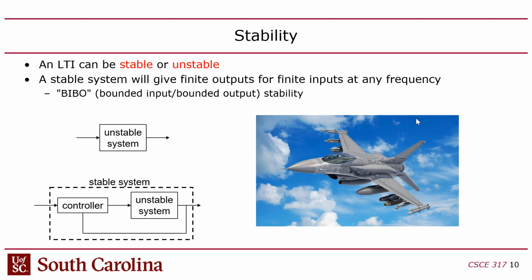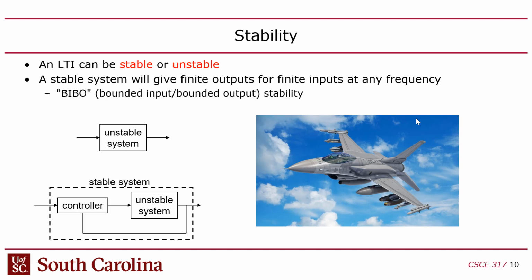The control surfaces on an F-16 fighter are unstable. So the pilot actually doesn't control the airplane directly. The pilot's commands go into a computer and provide the set point, and then the computer has a controller that's constantly making control decisions to stabilize the plane.